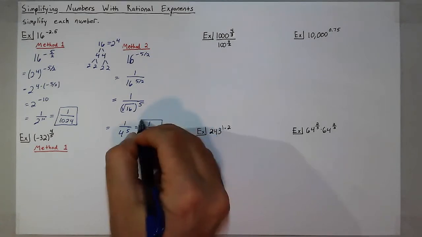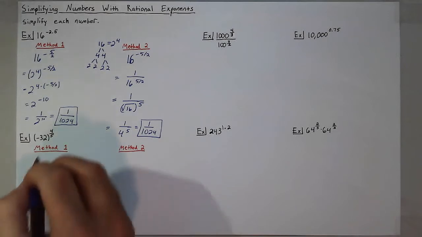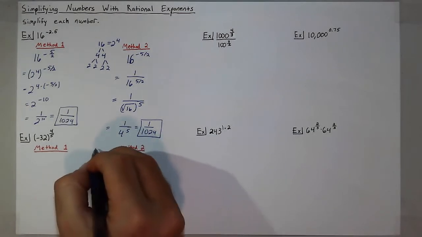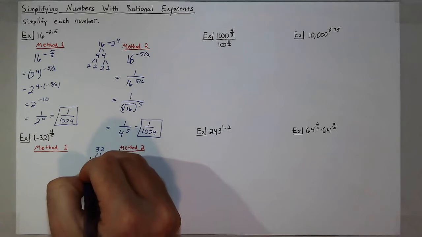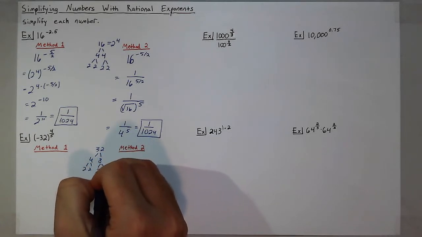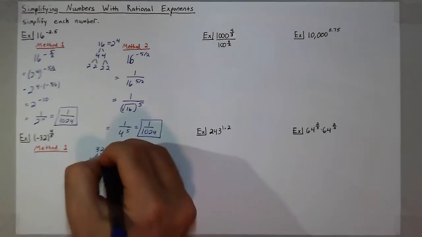I'm going to go over that process one more time with the bottom example. We have negative 32 to the 4/5 power. The first method I could use is to break down negative 32, or even more importantly, 32. 32 is 4 times 8. 4 is 2 times 2. 8 is 2 times 4. And that 4 is 2 times 2. So I have 1, 2, 3, 4, 5 2's.